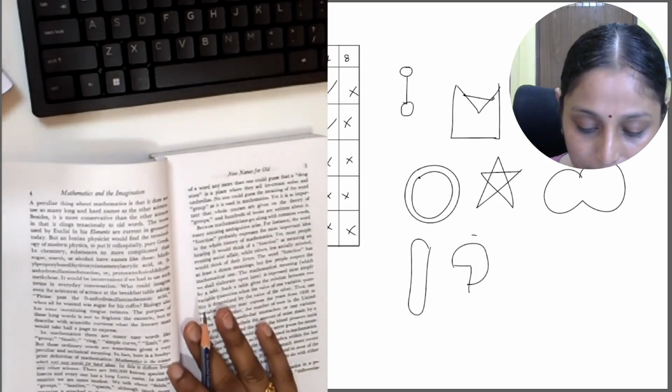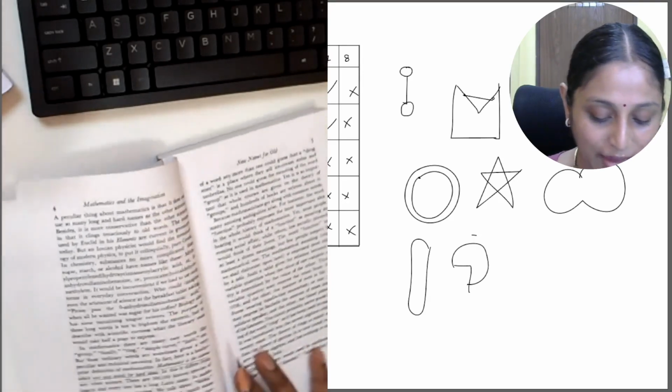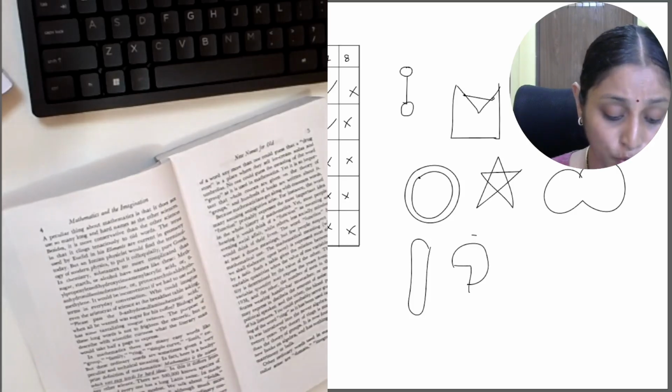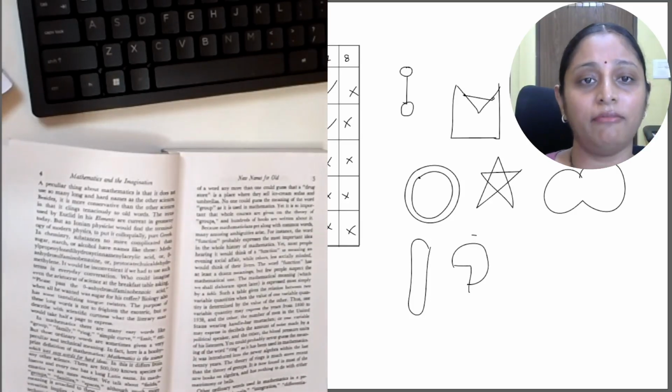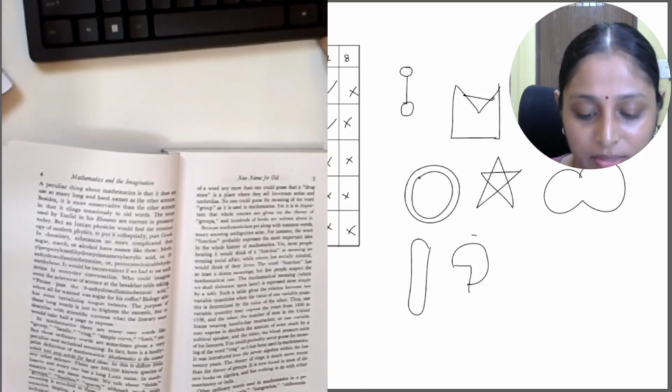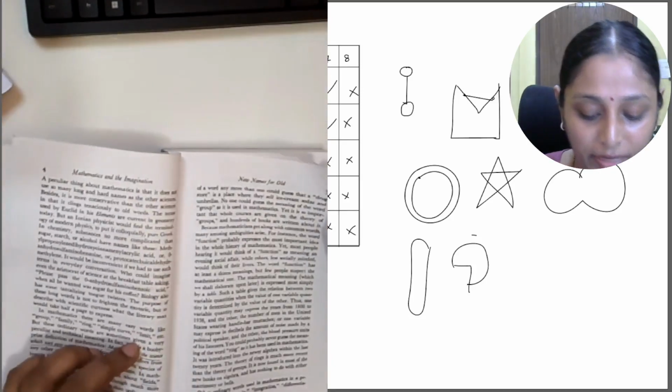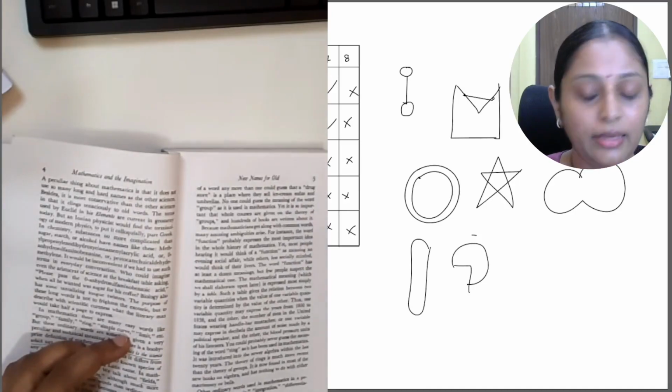What do we mean by this? For example, we have words like fields, groups, families, spaces. These are all everyday use English words, right? But the meaning when it comes to mathematics is very deep.